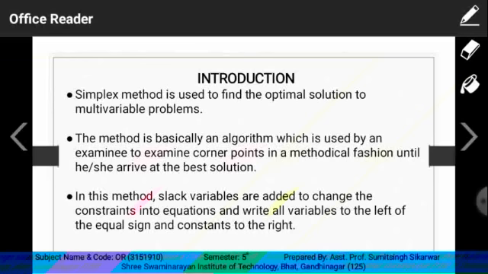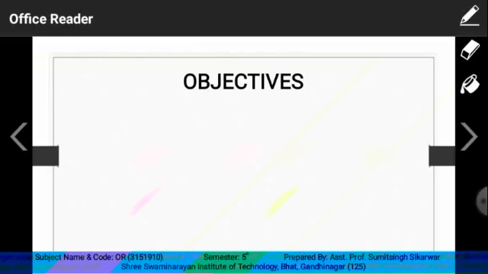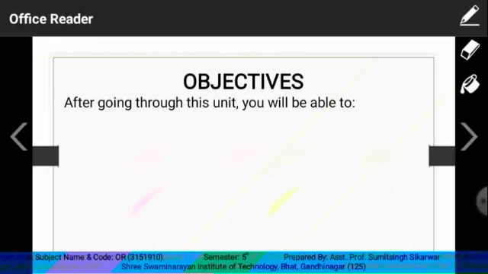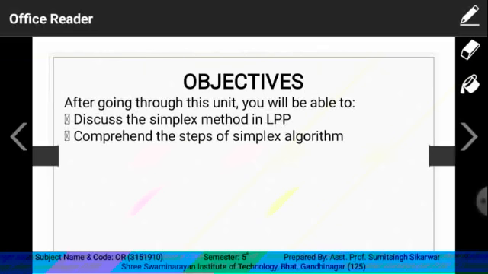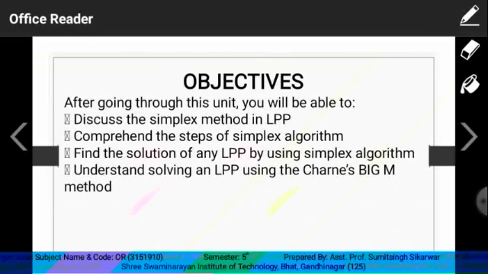Now let us switch to objectives of this unit. After going through this unit, you will be able to discuss the simplex method in LPP, will comprehend the steps of simplex algorithm, will find a solution of any LPP by using simplex algorithm, and will understand solving LPP using Charnes big M method.